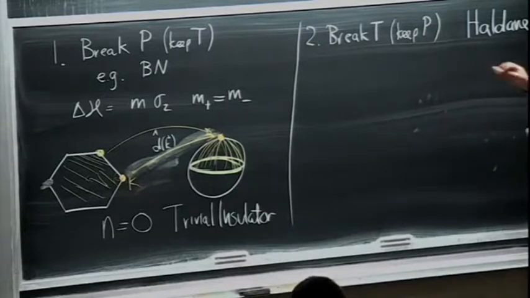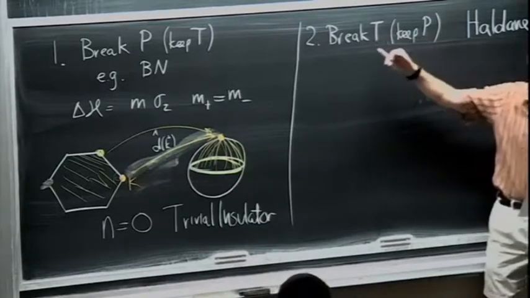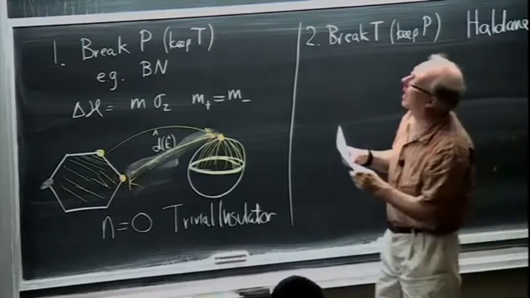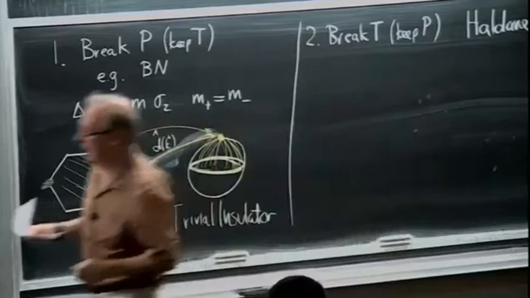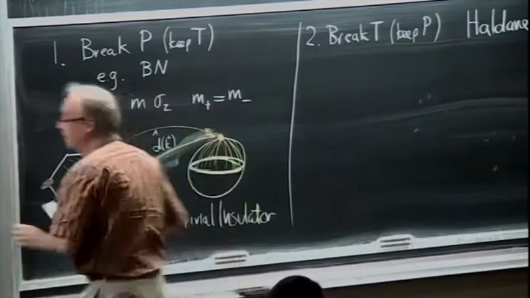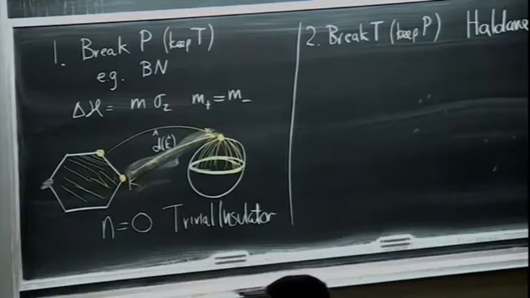And so here now, how do you do this? How do you break T? So one way you can do it is you can take your graphene lattice and you can have a magnetic field where the magnetic field, say, is 0 on the average, but fluctuating between being positive and negative.